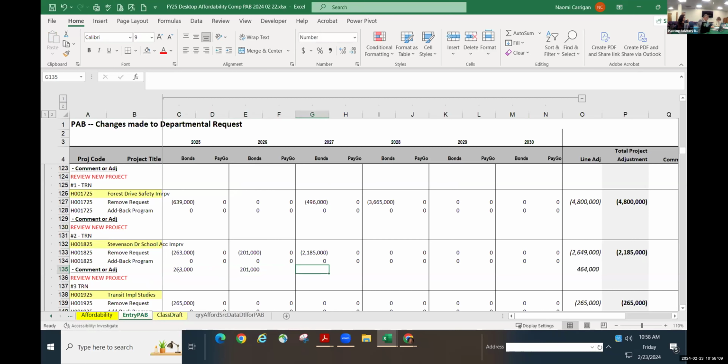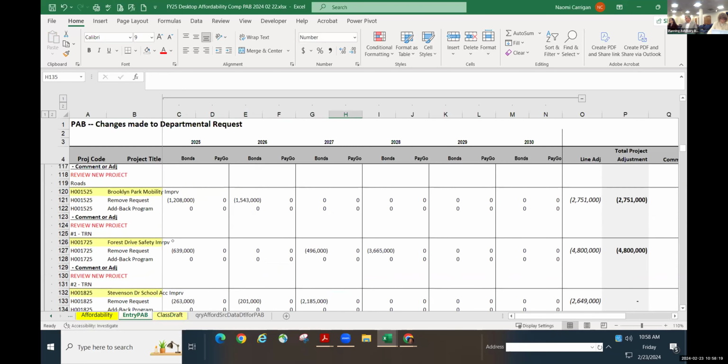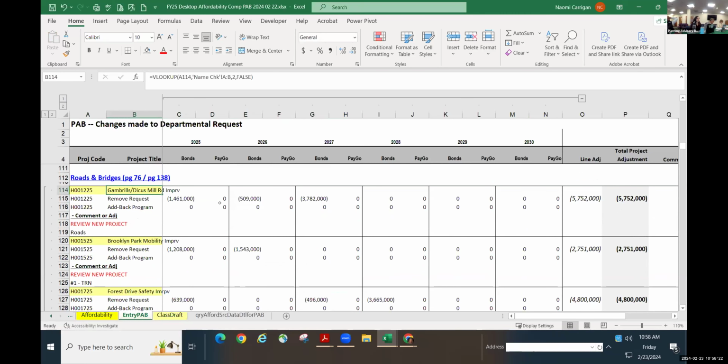We did that even though that was their third priority. And because the Gambrels reads as if it's a later phase of an existing project, that would wrap up that project. I would defer to DPW on the specifics of that, David.